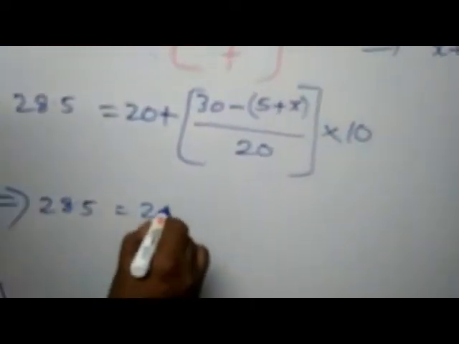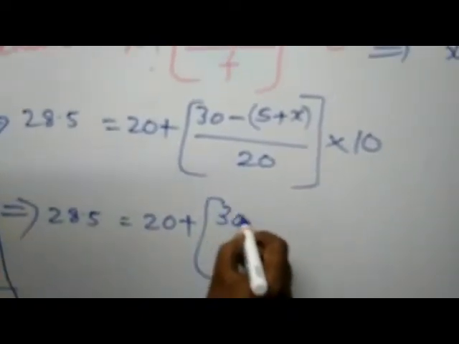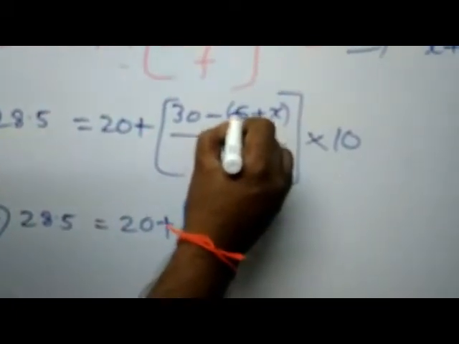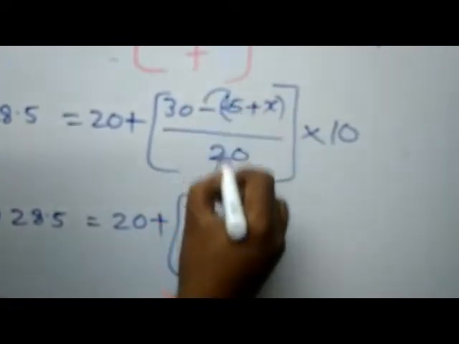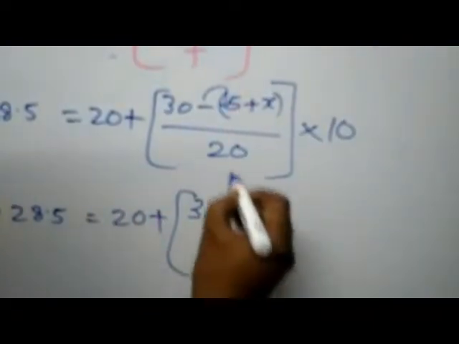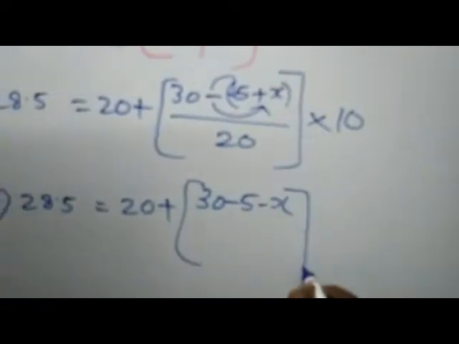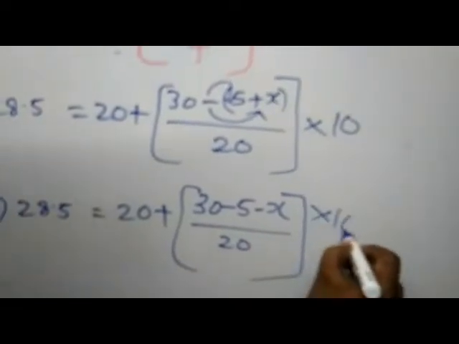That implies 28.5 is equal to 20 plus 30 minus, because of this minus, the sign for 5 is plus, that is minus 5. Now the plus x will be minus x, you know very well, by 20 into 10.